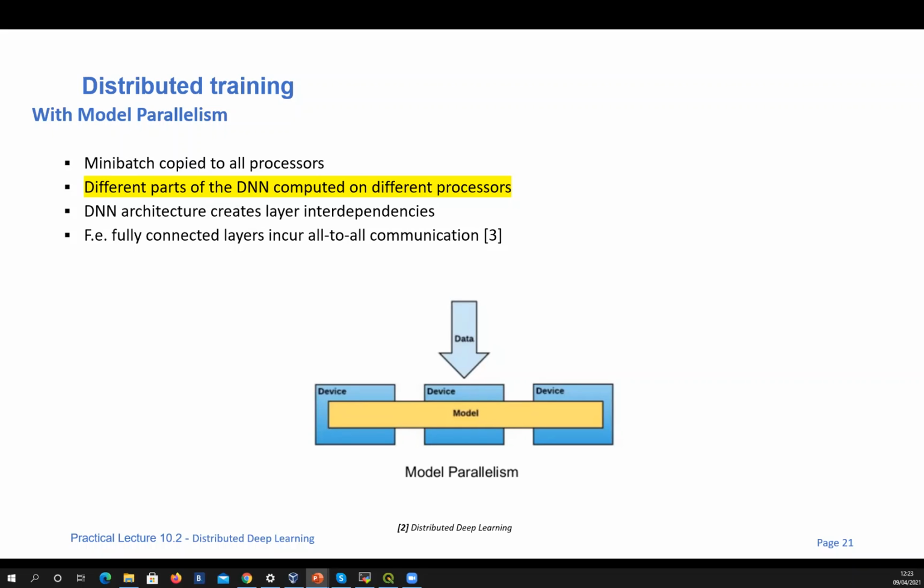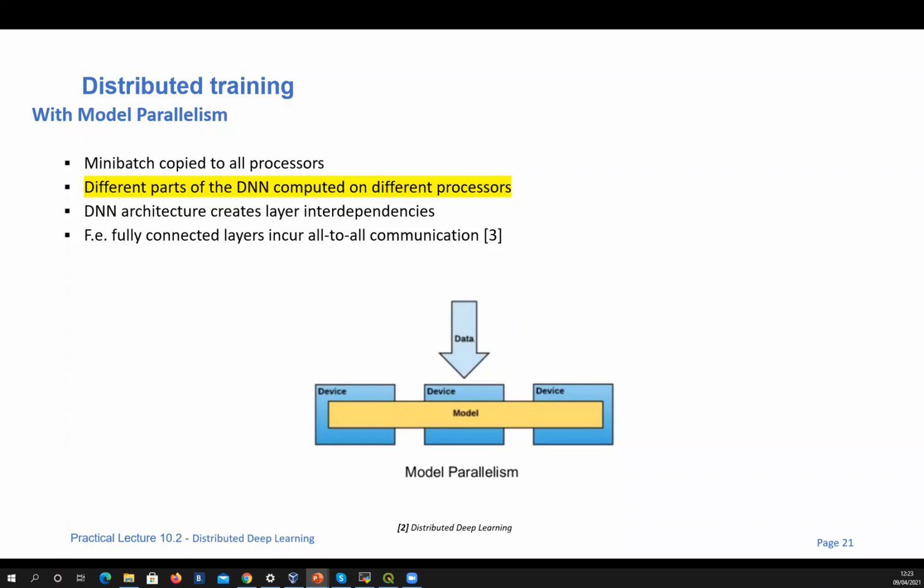So it is much less used because it is much more difficult to optimize these kinds of models from a technical point of view. But things are starting to change, and I will also speak about DeepSpeed, which is a newer framework than Horovod from Microsoft that tries to address this issue.